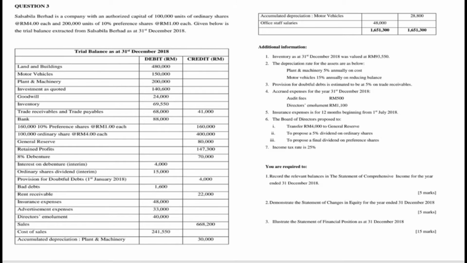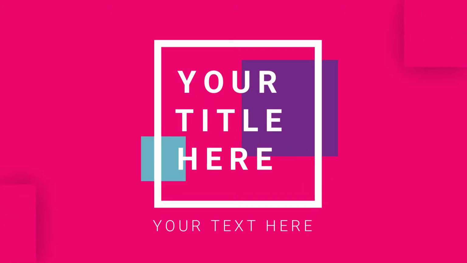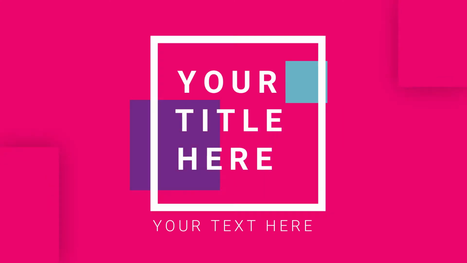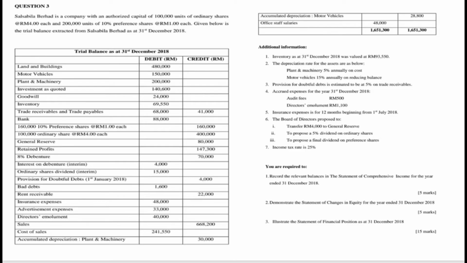160,000 10% preference shares at RM1 each, 100,000 ordinary shares at RM4 each, general reserve, and retained profits go in the SOFP and statement of changes in equity. 8% debenture goes in the SOFP; interest on debenture, interim ordinary shares and interim dividend go in the statement of changes in equity. Provision for doubtful debts at 1st January 2018 goes in the SOFP.